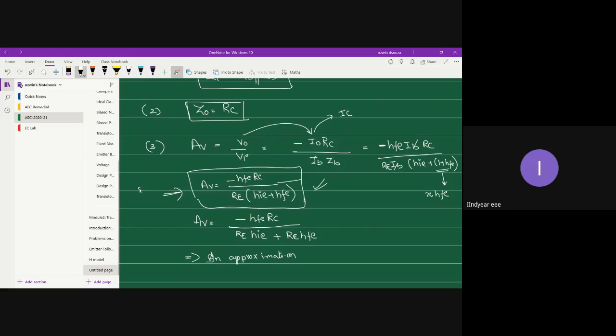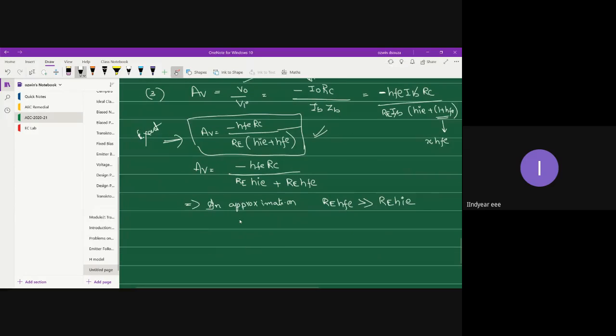This is your exact expression. I'm just trying to show you the approximate expression, okay? In approximation, what we can do is, if the product RE into HFE is way bigger than RE into HIE, you can approximately write AV as minus HFE RC divided by RE into HFE, since RE into HIE is smaller compared to RE into HFE.